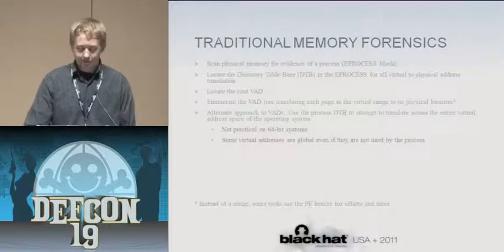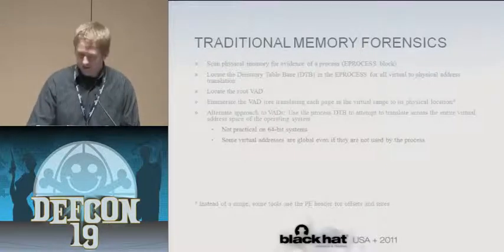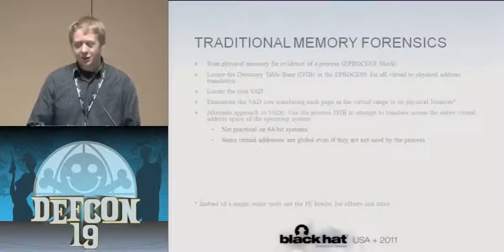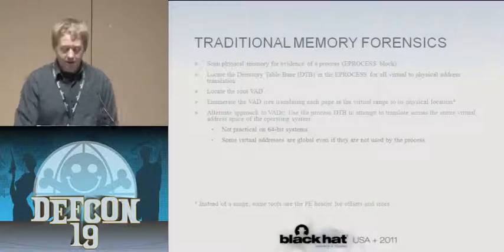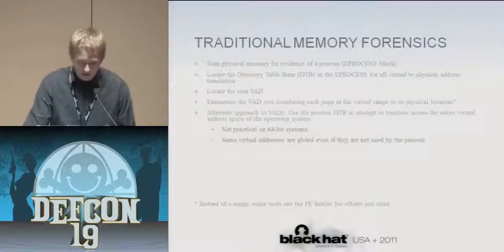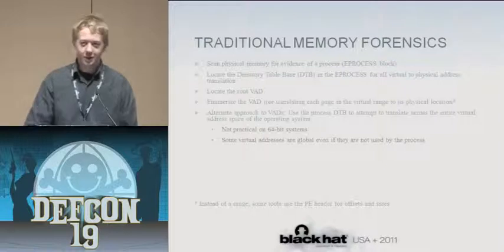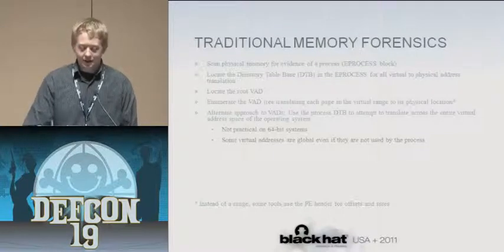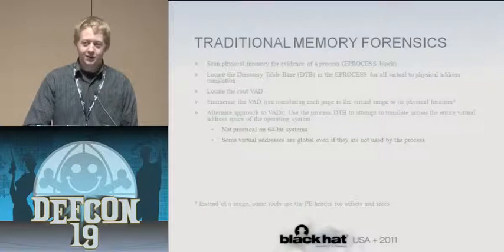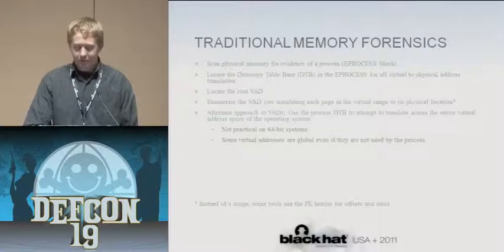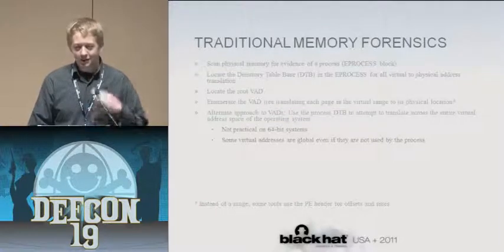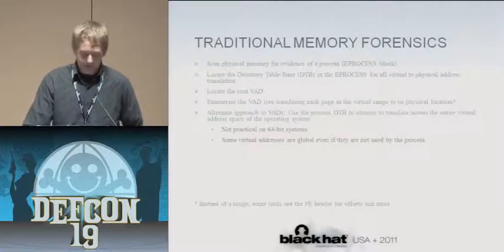From there, you get the directory table base, or DTB, in the EPROCESS, and this will help you translate from virtual to physical addresses. From there, you locate the root of the VAD tree and step through the tree, translating the virtual addresses to physical, usually starting with the starting address, taking the size, and grabbing all the data in between.